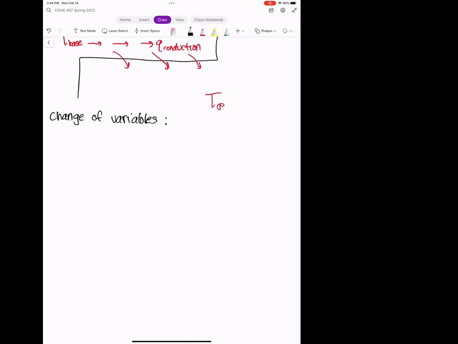I'm going to define a new variable, which we'll call theta. This theta I'm going to define to be what's called the excess temperature. So it has the exact same units of temperature, it just has a different representation.